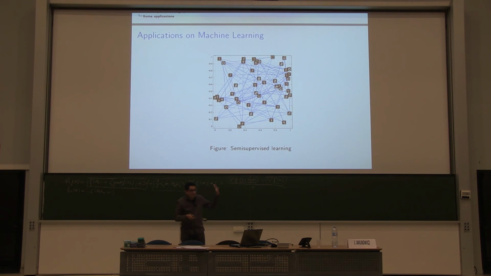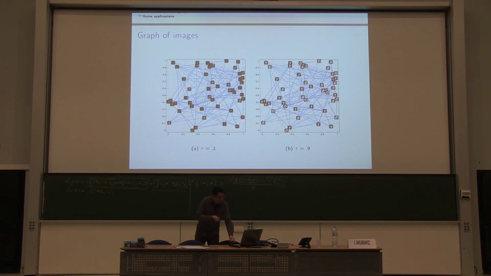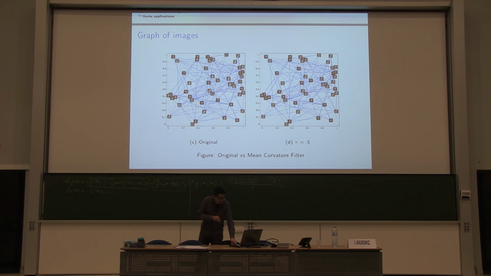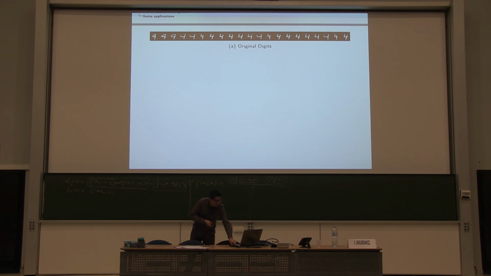Then I am going to show only one example, an application to machine learning. We have a graph of images, with the connectivity related to the similarity between them. We can apply this idea of erosion or dilation, but it is not so interesting because we lose information about where. But one interesting point is this mean curvature filter. We start with this kind of digit, which is the sample that we are considering, and we build a graph from this digit.